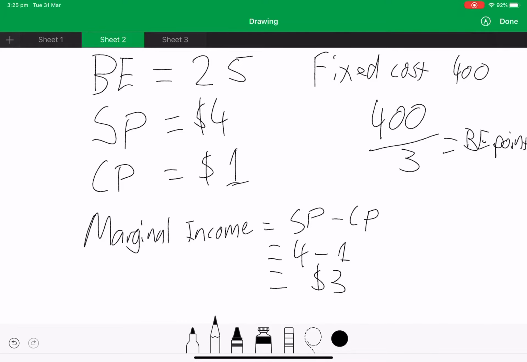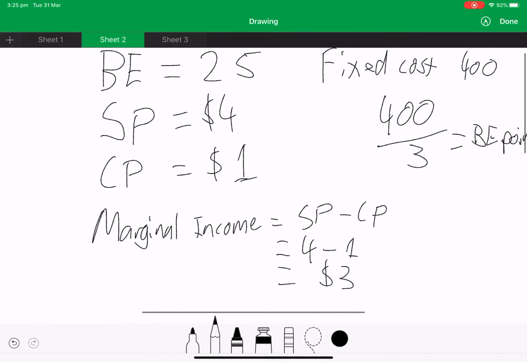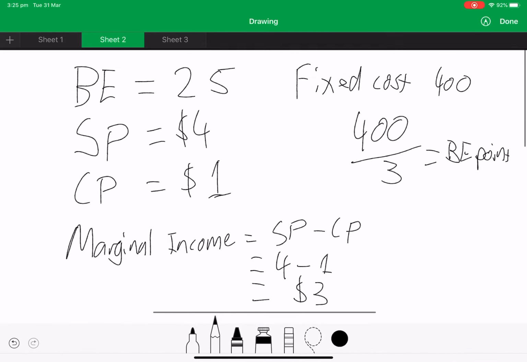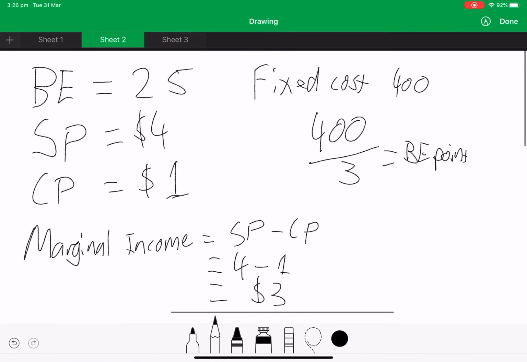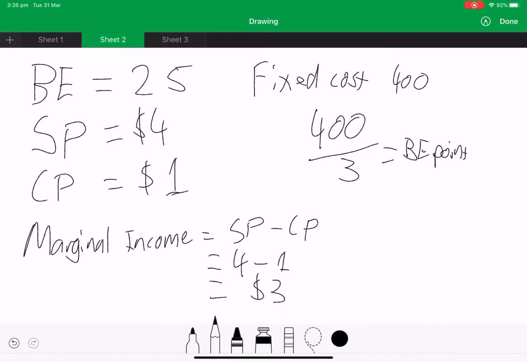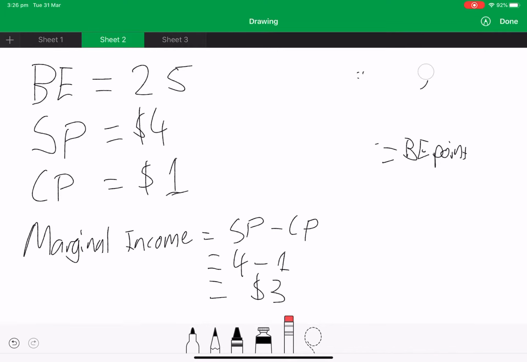That's just another way to do it, but the way I calculate is much easier, and you get a better idea because you can see where the lines cross over. So we'll get rid of that, and I'm going to show you how to figure out the profit.